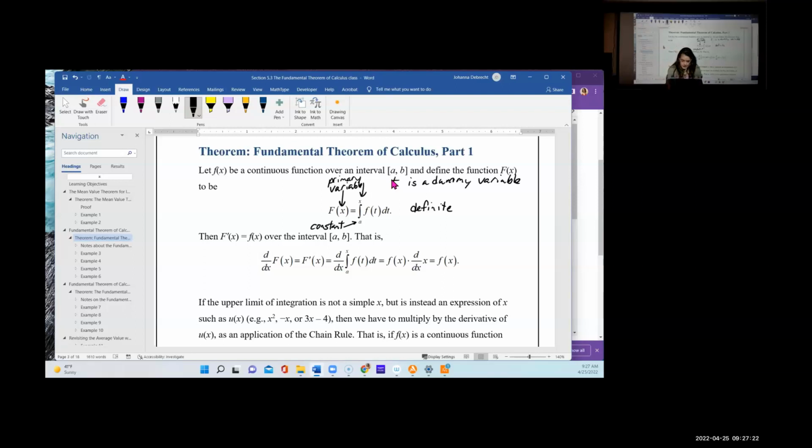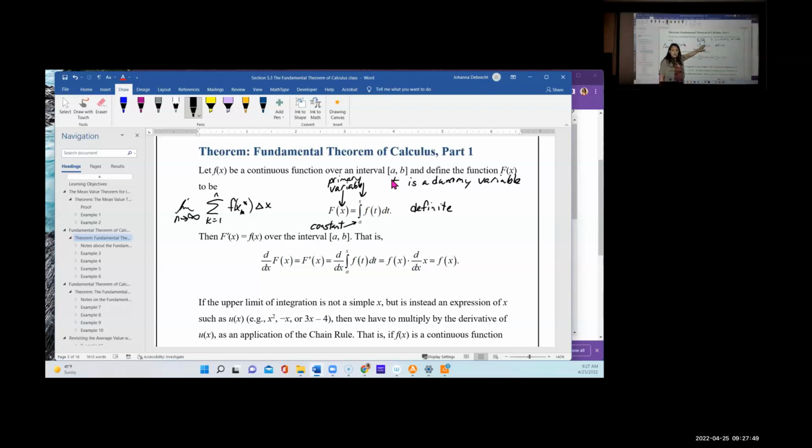Everyone remember that the definite integral is the limit as n goes to infinity of the sum from k equals 1 to n of f of x sub k star times delta x. So this definite integral is equal to a Riemann sum. Notice that the lower limit of integration has to be a constant.